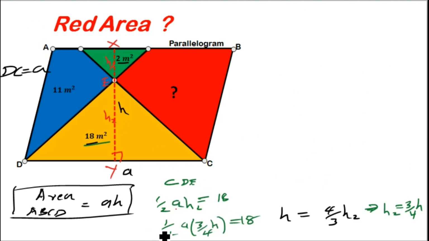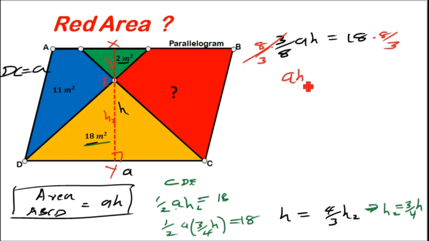So what do we have here? A half times 3 over 4 is 3 over 8, then A times H is AH, equals 18. Now you multiply both sides by 8 over 3, and this side will cancel out.